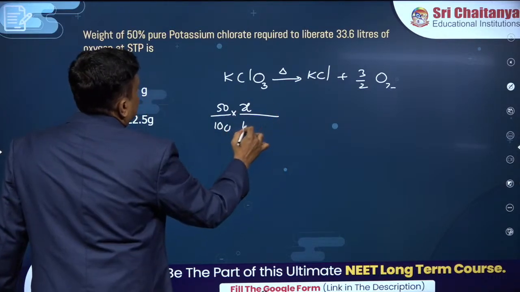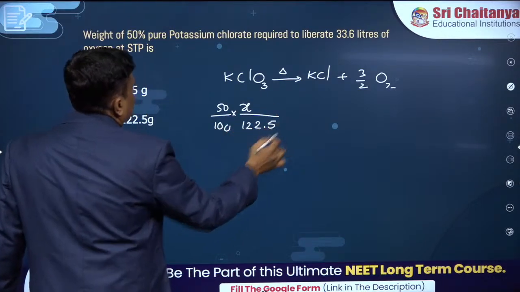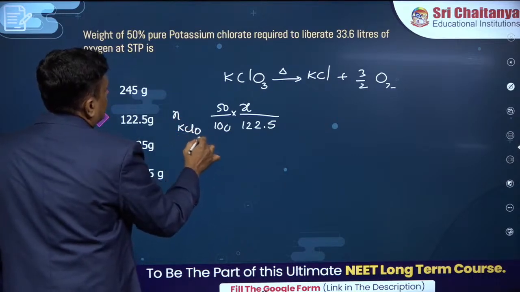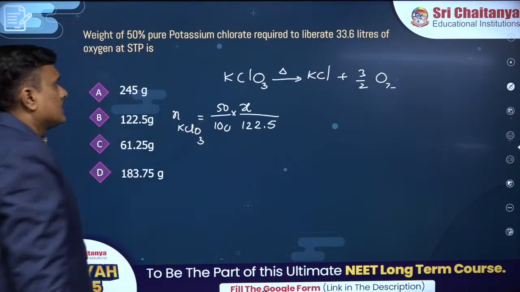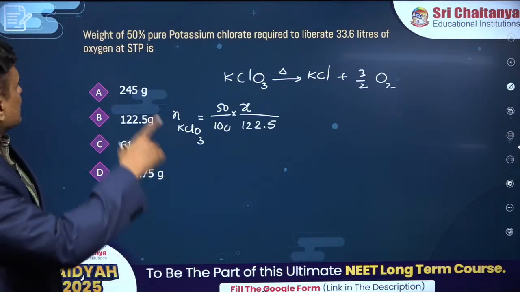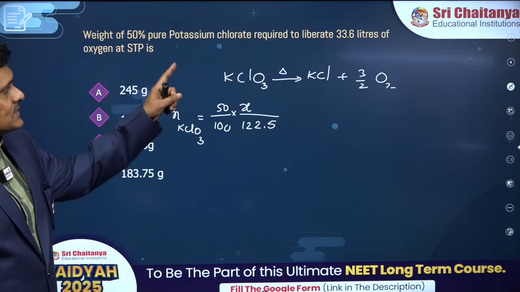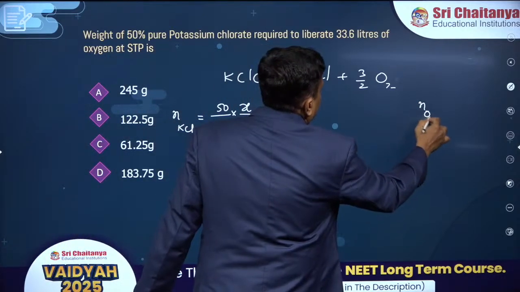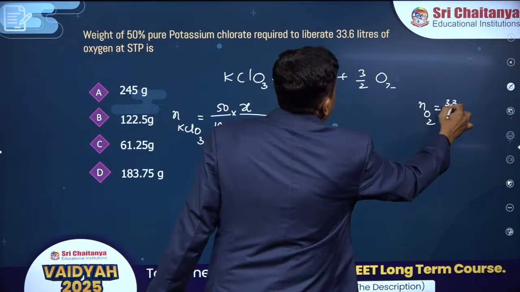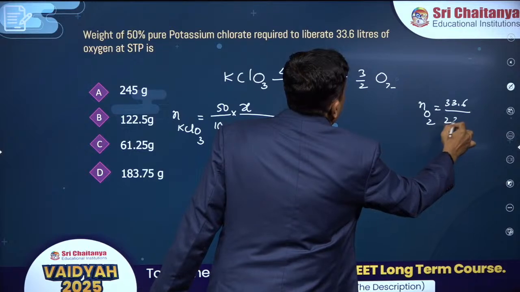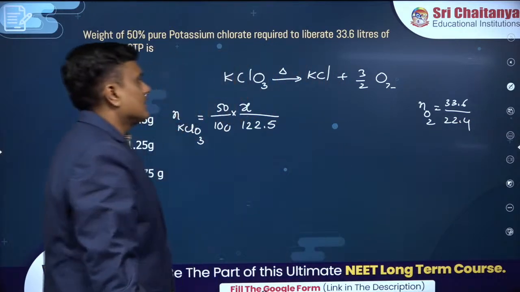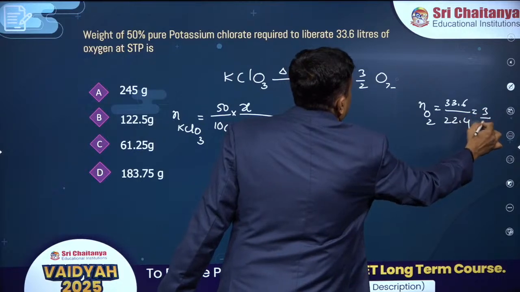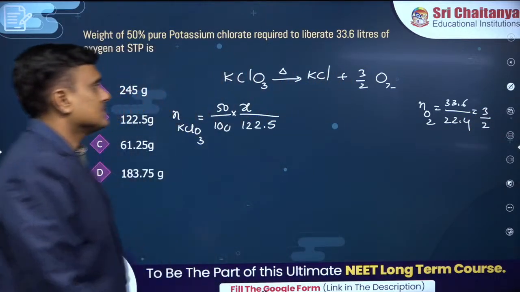Molecular weight is 122.5. These are the number of moles of KClO3. I need the number of moles of oxygen because at STP the information is related to the volume of oxygen. Number of moles of oxygen is volume at STP by 22.4 liter. This is equal to 3 by 2, isn't it?